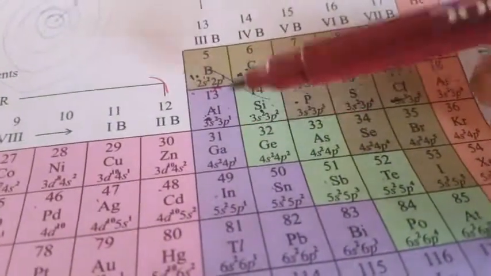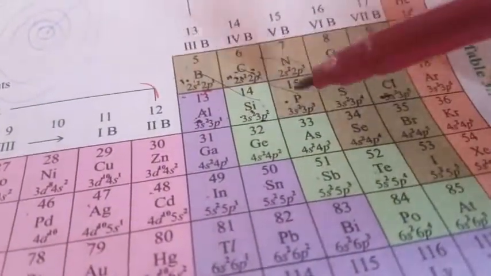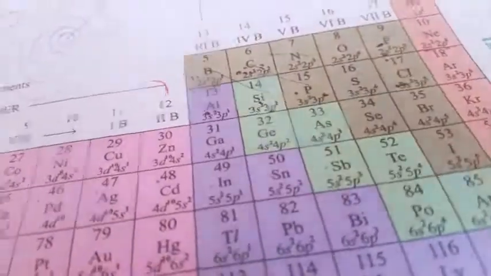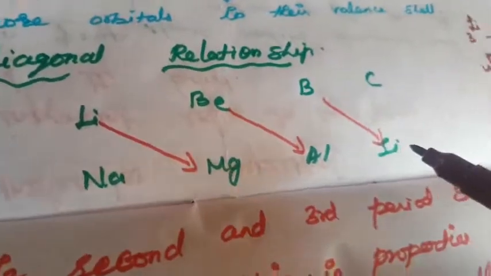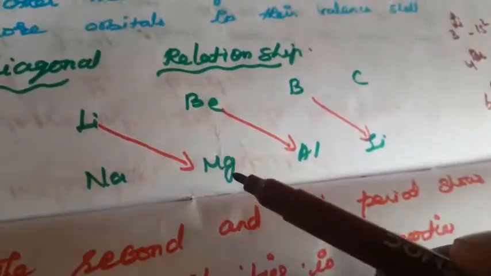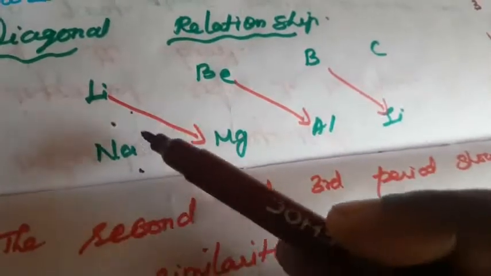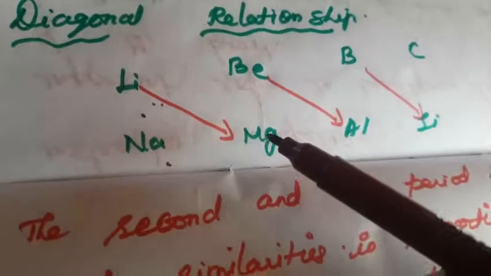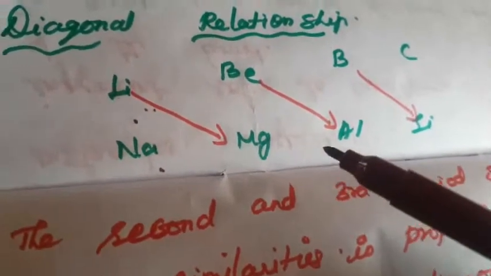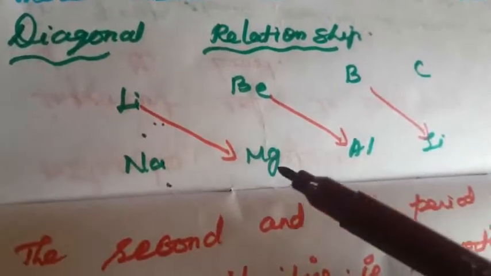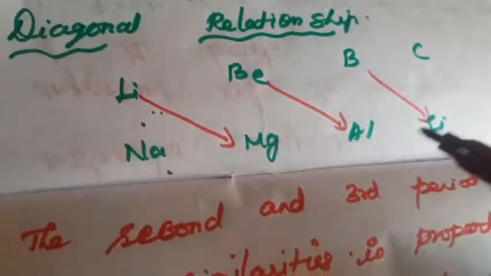For example, lithium and magnesium, beryllium and aluminium, boron and silicon, carbon and phosphorus. These diagonally placed elements of the second and third period have similar properties. This is called diagonal relationship.